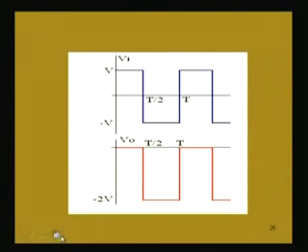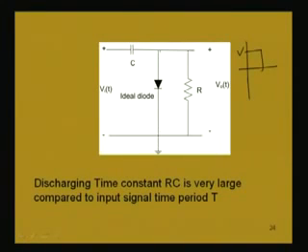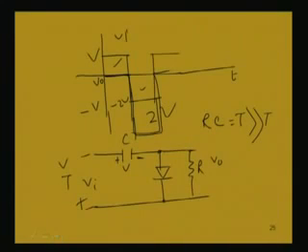So, that is what we will be getting if V and minus V are the peaks of the input voltage. The output voltage will have 0 voltage when conduction takes place, because the diode drop in the positive half cycle is 0, and in the negative half cycle, when it does not conduct, the voltage across these 2 points is 2V.